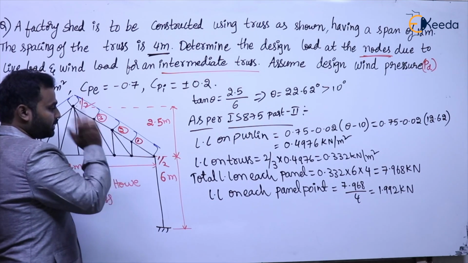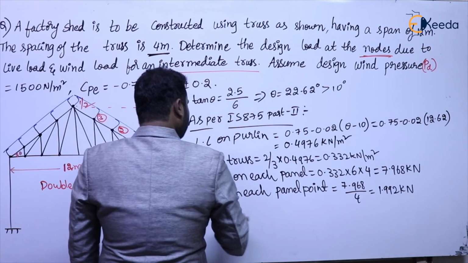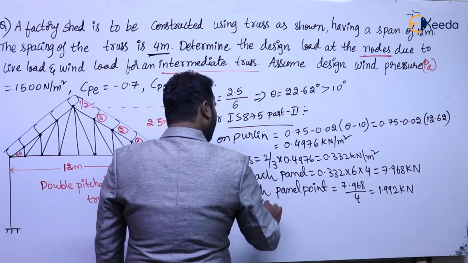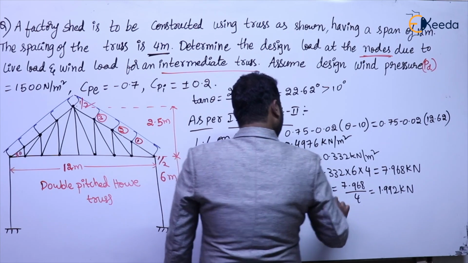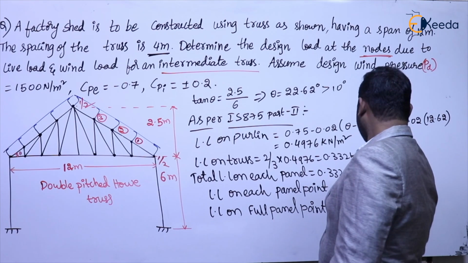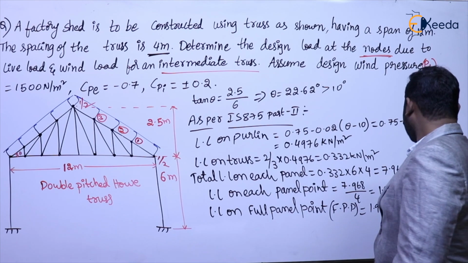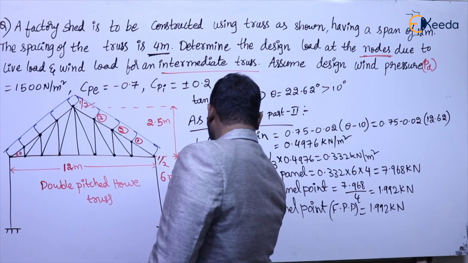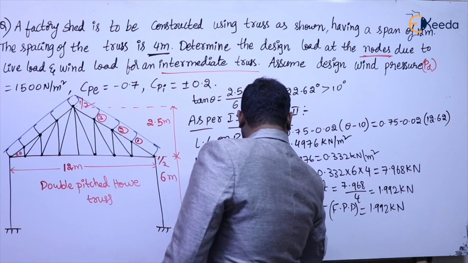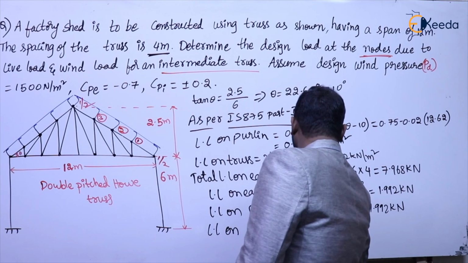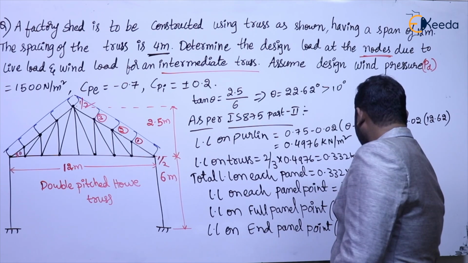Therefore, live load on FPP, full panel point, is equal to 1.992 kilonewton, and live load on EPP, end panel point, is how much?